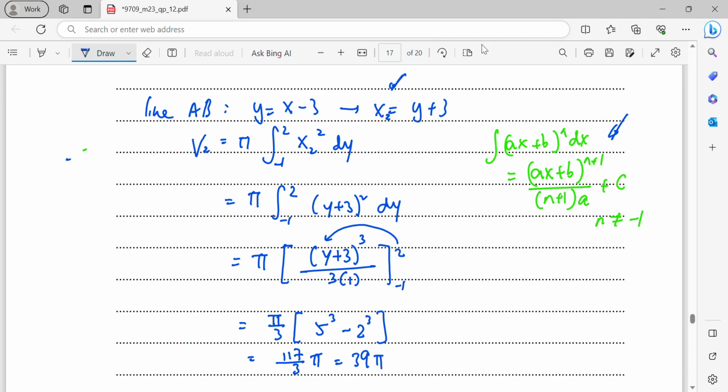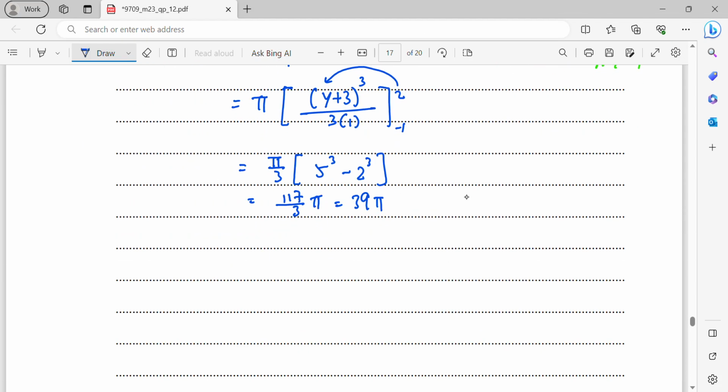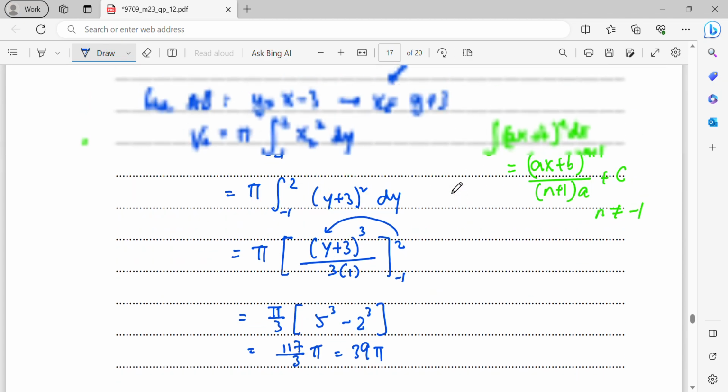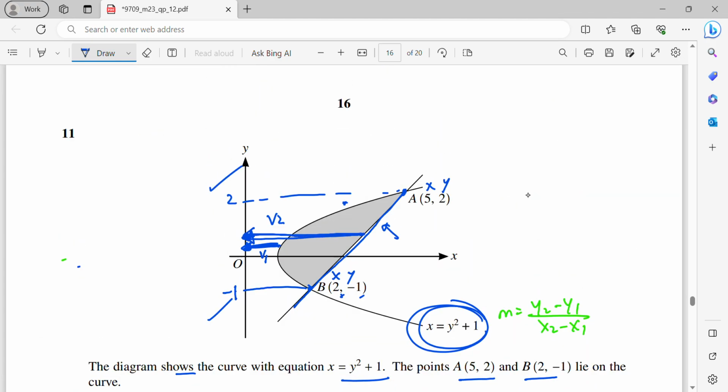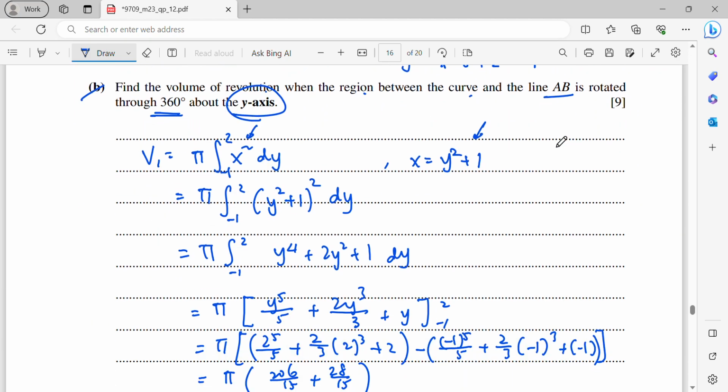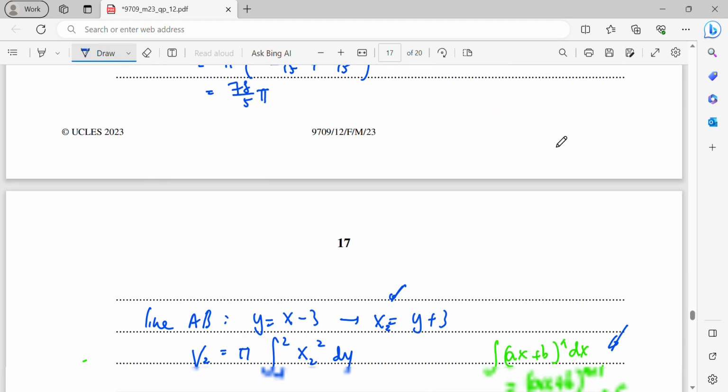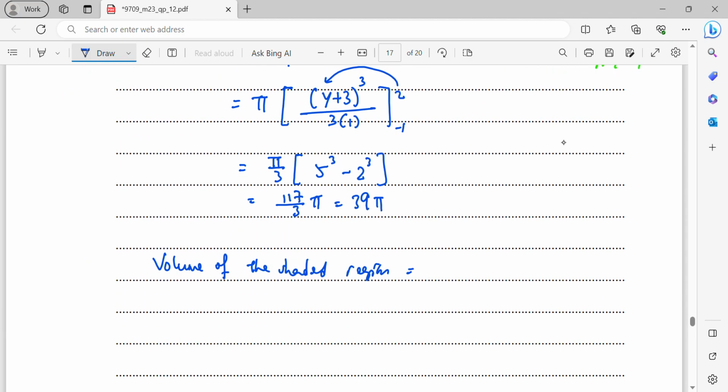Okay, so now my volume of the shaded region is going to be V2 minus V1.